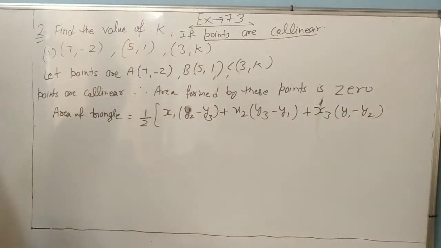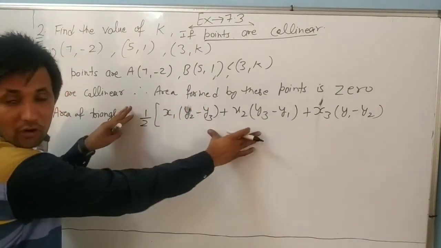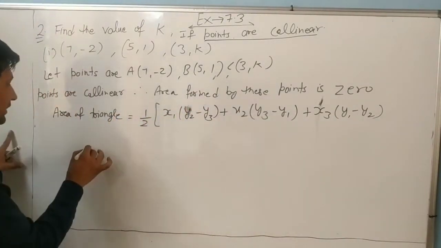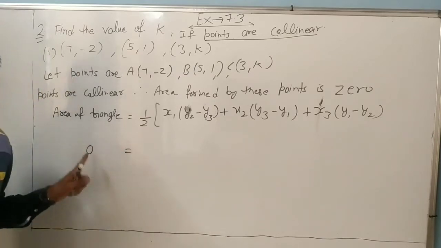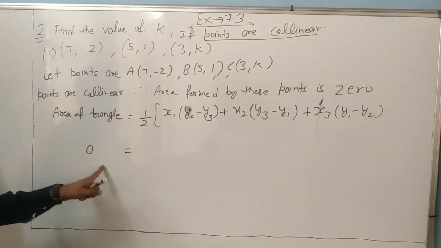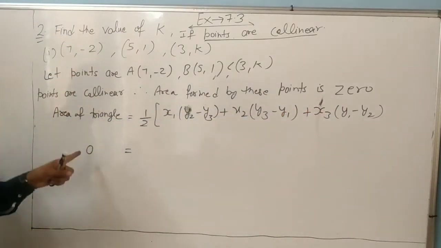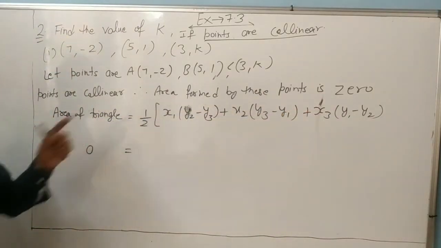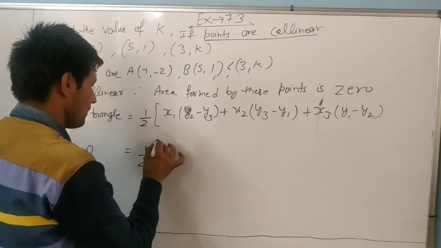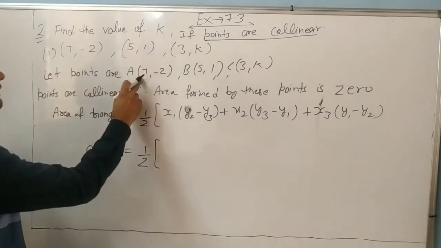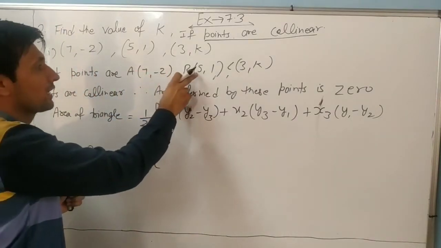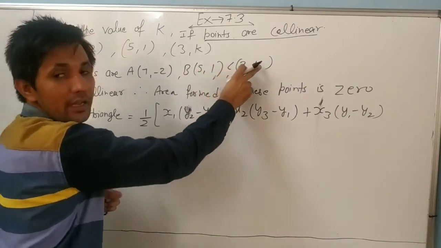And you know the area, how much? So the area is how much? It is 0. The area of the triangle by these 3 points is 0. So we put 0 equal to 1/2 times, now x1 y1, x2 y2, x3 y3. If you have any confusion, you can write like this: x1 y1, x2 y2, x3 y3.